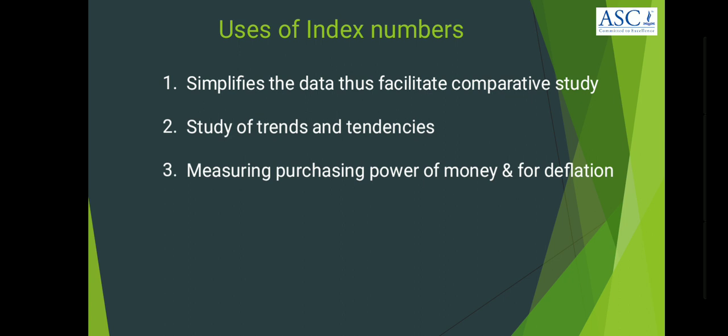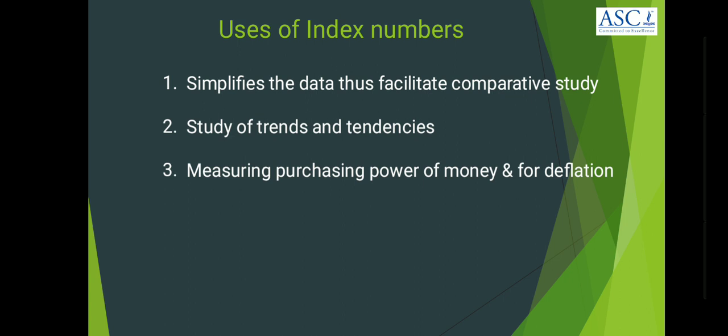If you take, for example, 100 rupees to a store in 1990s, it would have been possible to buy a greater number of items than you could buy today, indicating that the currency had a greater purchasing power in 1990s than today. This purchasing power of money can be measured using index numbers.